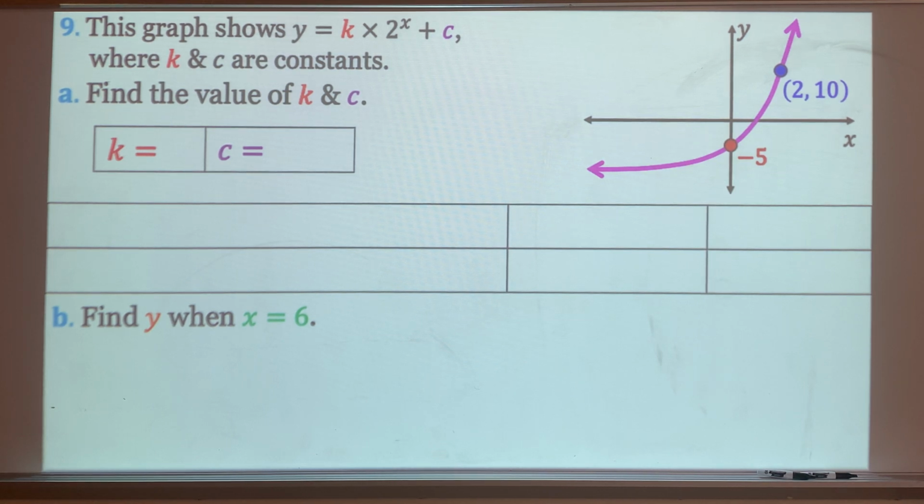You should be plugging it into your equation.